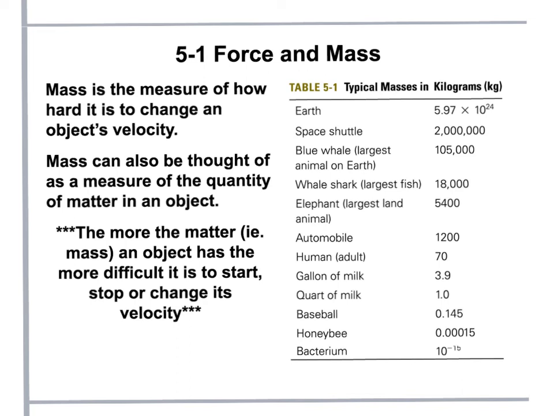So if you throw something and put it in motion, say you throw a bowling ball down the alley, and somebody wants to stop the ball from moving. Well, it's going to be a lot harder to stop the bowling ball rolling down the alley than it would be to stop a baseball. A baseball, again, is a much smaller object, so there's much less mass in that baseball. So mass is, again, a measure of how hard it is to change an object's velocity.